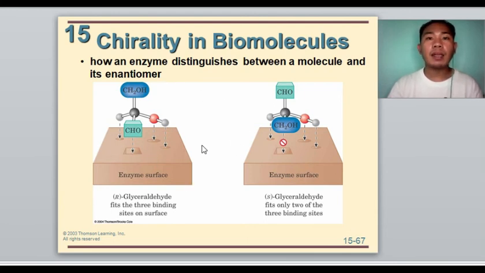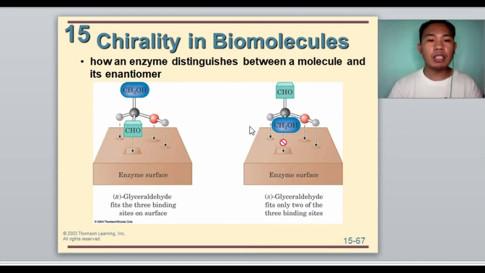The enzyme can distinguish the R-glyceraldehyde, which is the normal or biologically active form, from its enantiomer, because the natural enantiomer can be absorbed with three groups interacting with their appropriate binding sites. For the S enantiomer, at best only two groups can interact with these three binding sites.